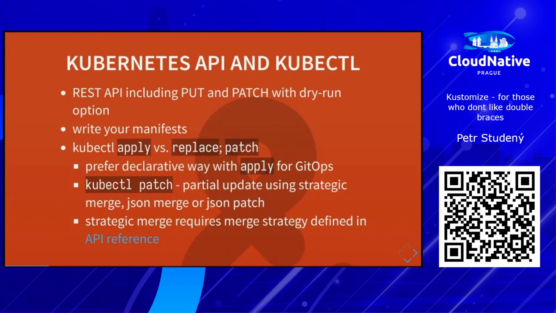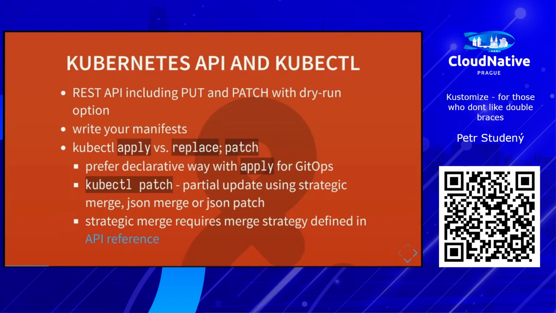But of course, you can use whatever tool you want to communicate with the REST API. And the REST API specification of Kubernetes includes put and patch methods, and also dry run, which is cool, because you can run your requests against Kubernetes and just check what would happen if you ran it.